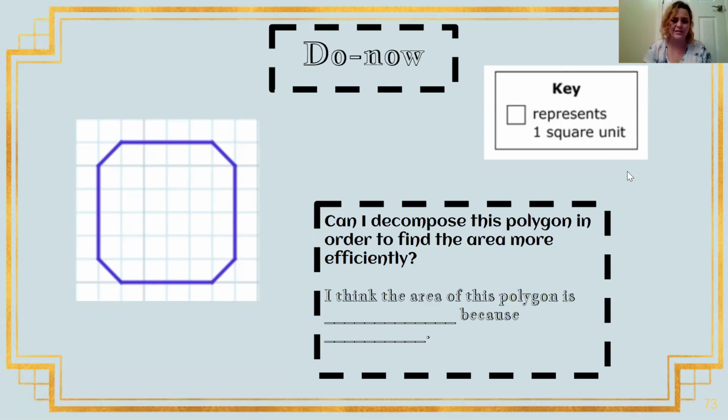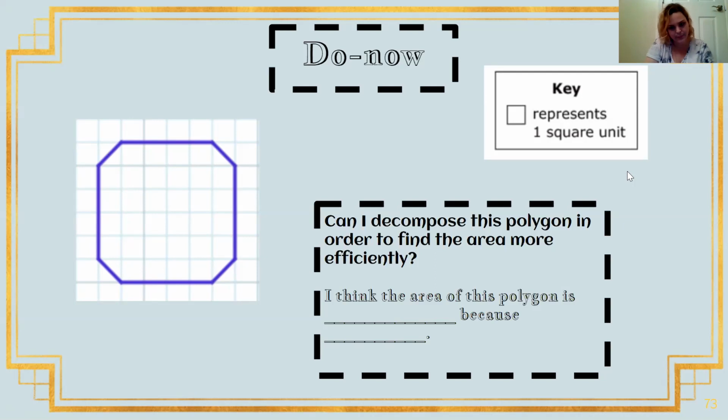Okay, now the question is, can I decompose, there's that word decompose, when you break apart, this polygon in order to find the area more efficiently? Think about it. Look at that irregular octagon, and is there a way for us to break it apart so that it's easier to find the number of square units instead of going one by one and counting each of those square units?